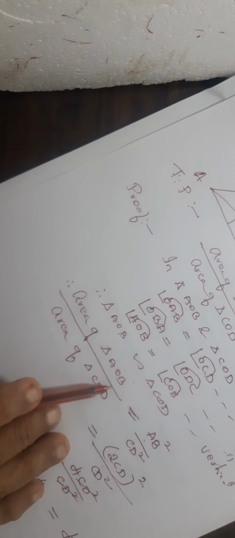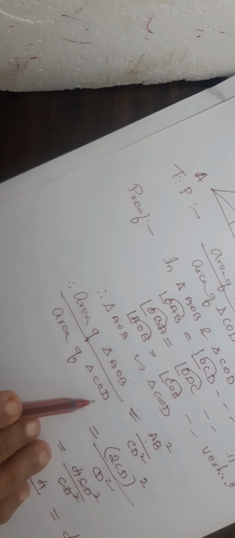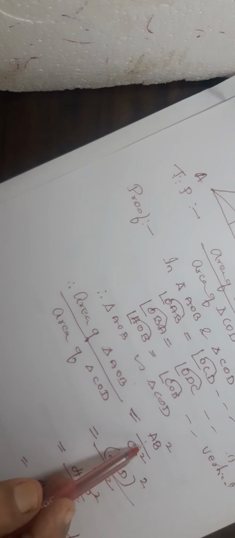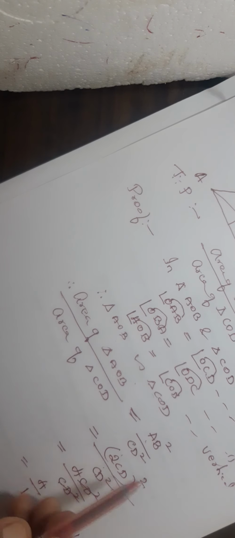So, area of triangle AOB by area of triangle COD they had asked. That is equal to, according to our theorem's formula, AB squared by CD squared. And what is AB? It was given to us that it is equal to 2CD. So, 2CD the whole squared by CD squared, and CD squared will cancel, and you will get there 4:1. The problem is over.